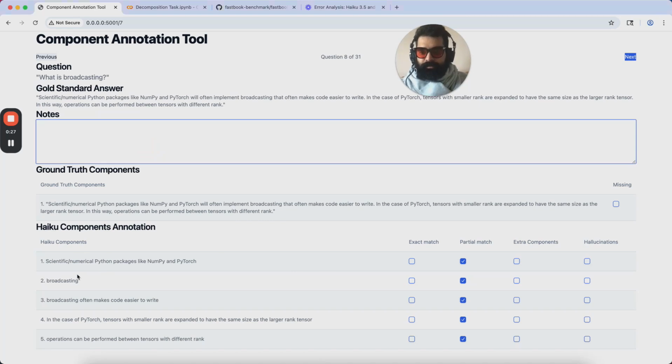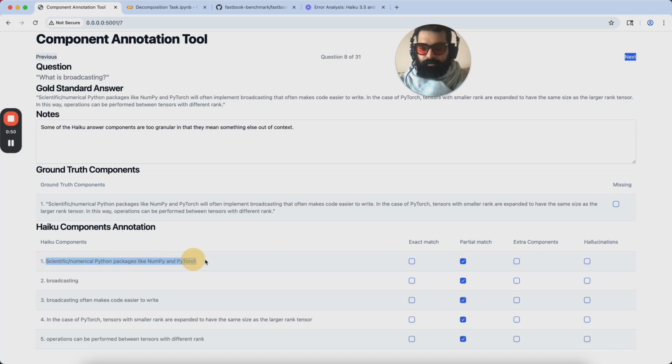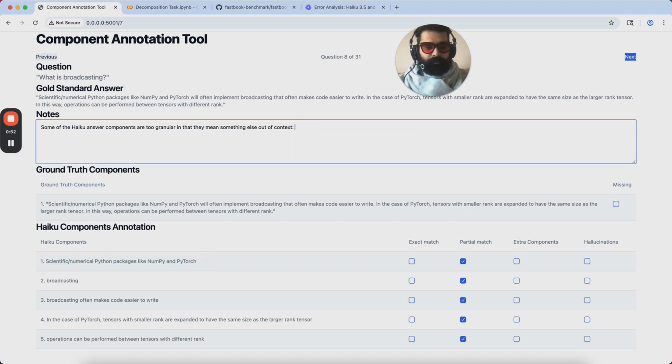I would say in this case, just looking at these, some of the Haiku answer components are too granular in that they mean something else out of context. So for example, this one could mean any number of things, not necessarily broadcasting related. Broadcasting is fine.